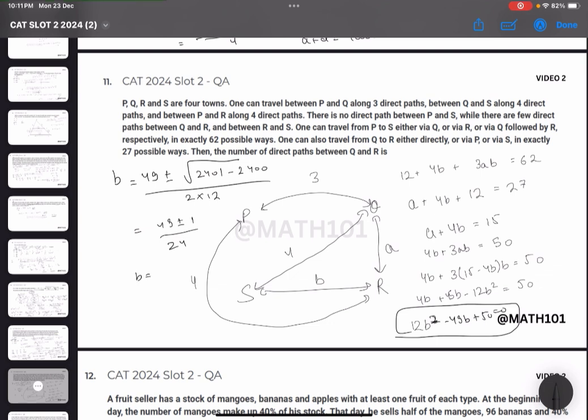So we get B equals 2, which gives us A equals 7. So the answer is 7.